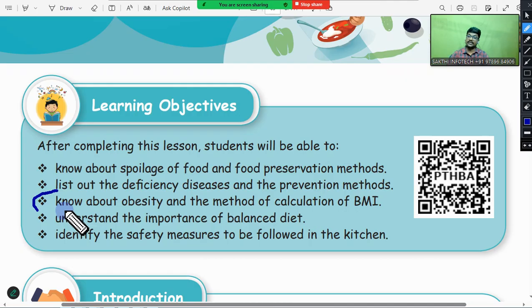Next sentence. Know about obesity and the method of calculation of BMI.